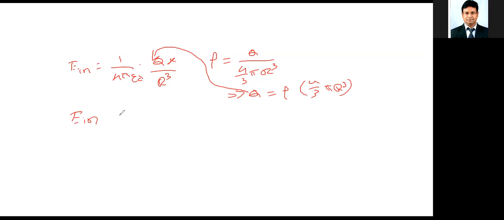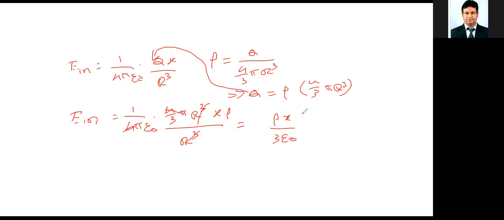Electric field inside is 1 by 4 pi epsilon naught into 4/3 pi r cube into x by r cube. You can easily understand that 4 pi gets cancelled, and r cube gets cancelled. You're left with rho, of course. Then you'll simply get rho x by 3 epsilon naught. So electric field is also represented as rho x by 3 epsilon naught in terms of volume charge density.